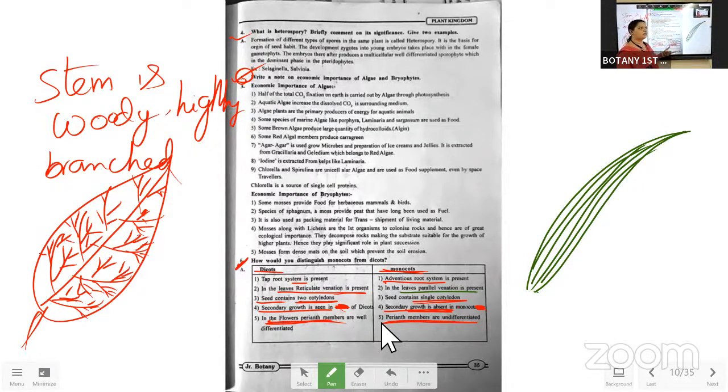For example, you can take the lily. In the Liliaceae family, we have already seen the members where the calyx and corolla are undistinguishable, and we use the word perianth.